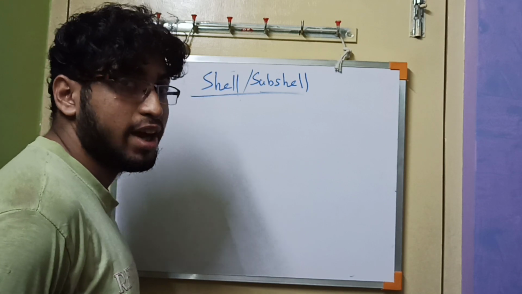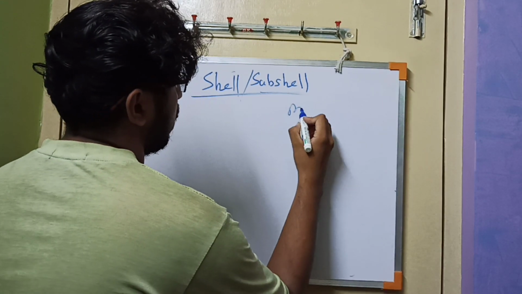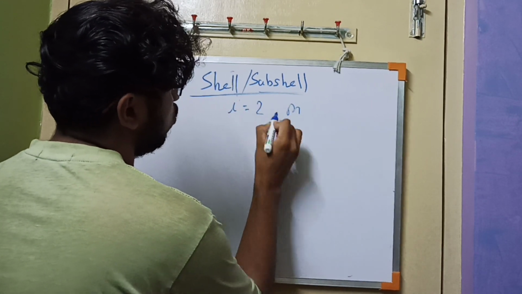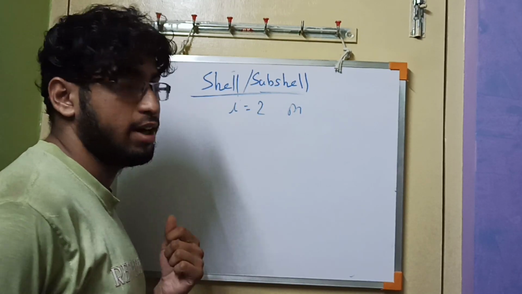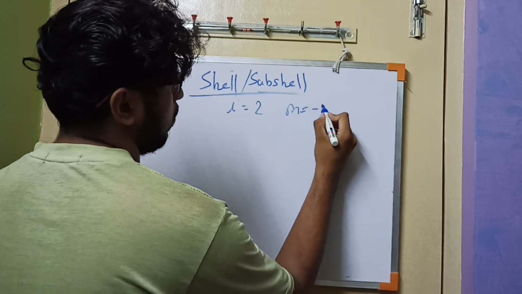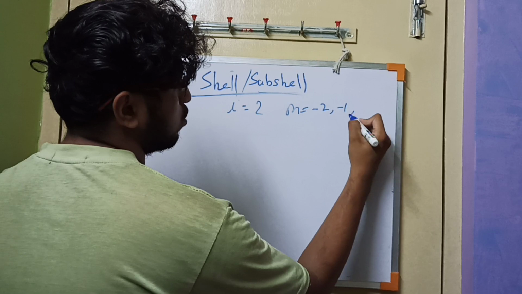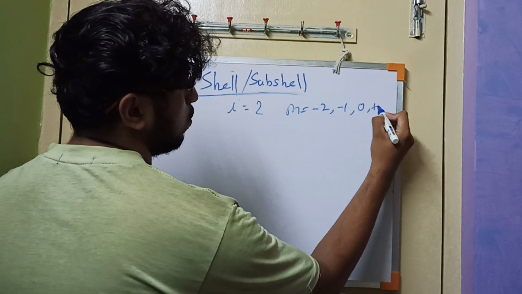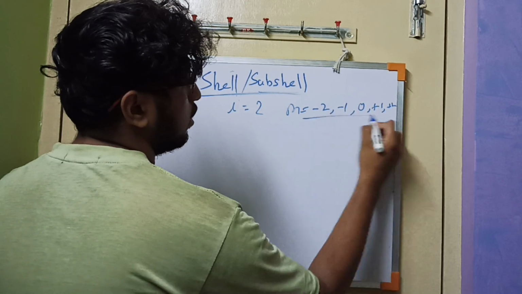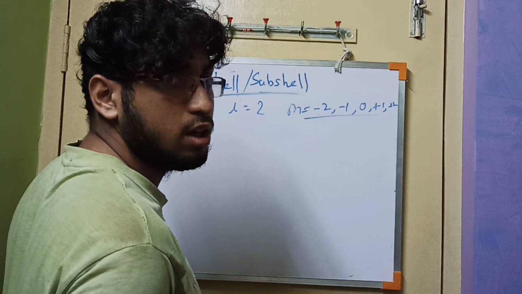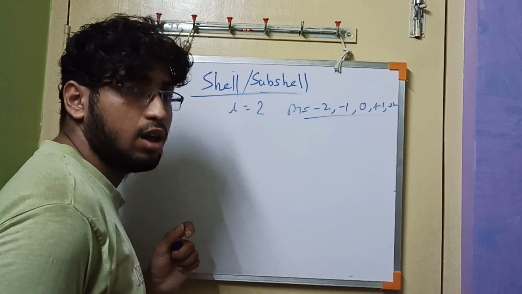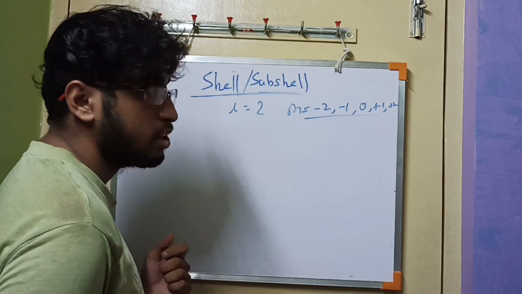Now, for l equal to 2, m has 5 values, that is -2, -1, 0, +1, +2, and the number of values is proportional to the number of orbitals present in the subshell.